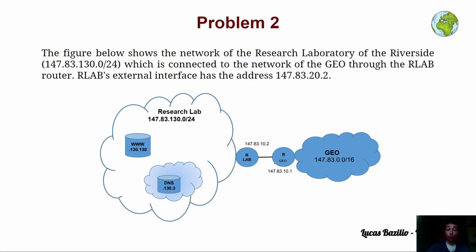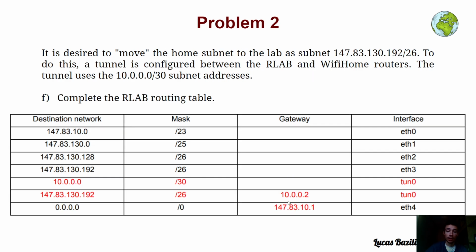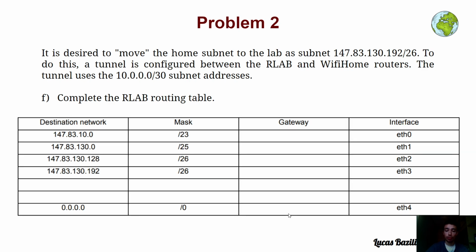Again, we are analyzing the routing table of the laboratory router, and so we leave this router and we reach the other with this interface. So always the gateway is the interface where we reach the external router, never the interface of our router, always the interface where we reach another router. That's why we have here 0.1, which is the gateway that we see on the default route.